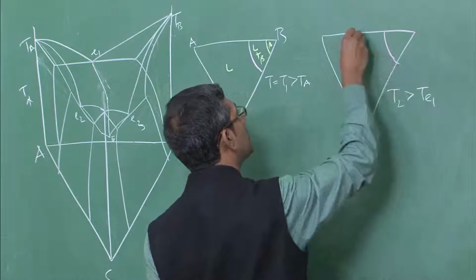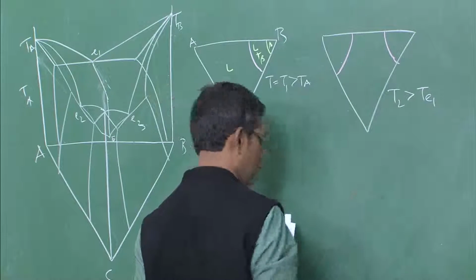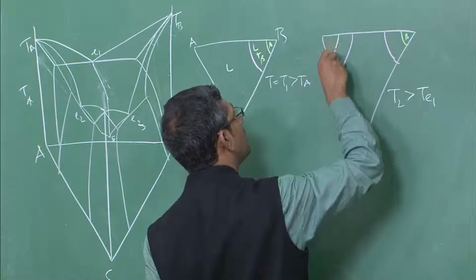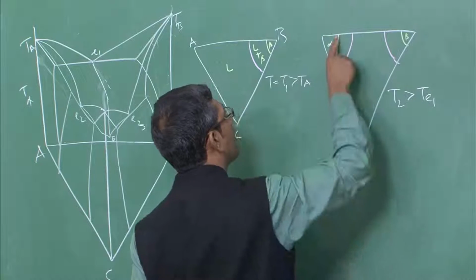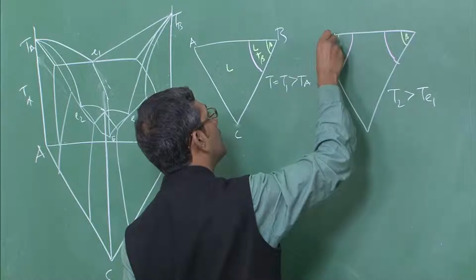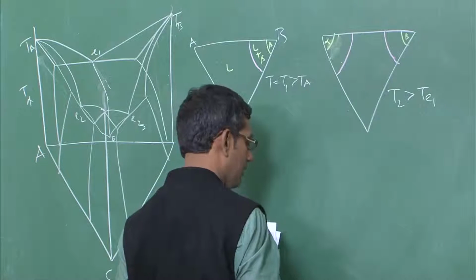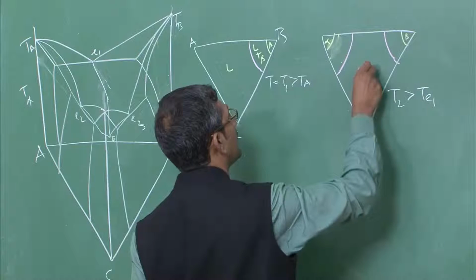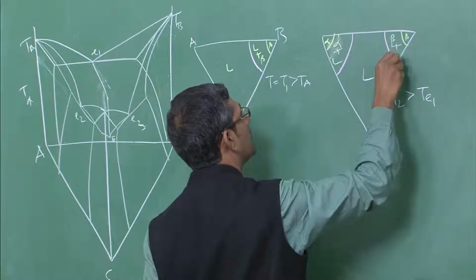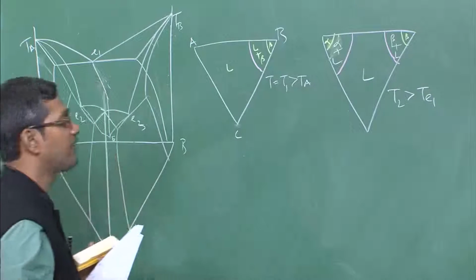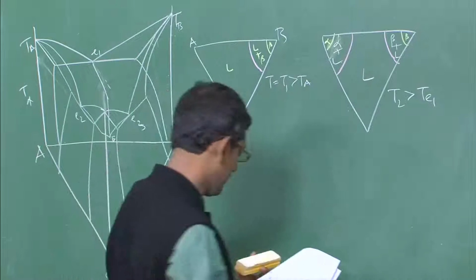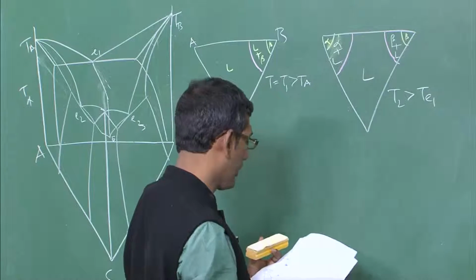So, you have beta here, alpha here, alpha will be smaller, and these are the regions of what? Liquid, alpha plus liquid, beta plus liquid. Remember, we have not yet touched the eutectic temperature. What will happen if you touch the eutectic temperature? A little bit below the eutectic temperature.